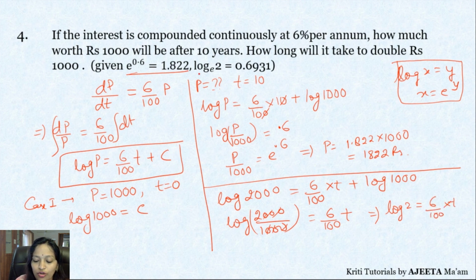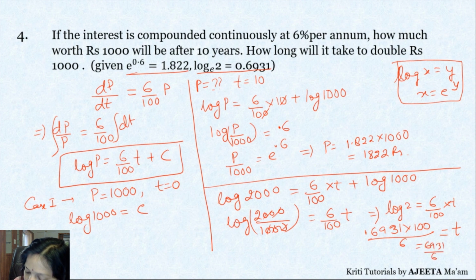Now we will use the value of log 2. See, all the values are used. So t is 0.6931 into 100 upon 6. That is t. Correct? Now let's use this value. So it becomes 69.31 and we have to divide it by 6. So let's do 69.31 divided by 6.